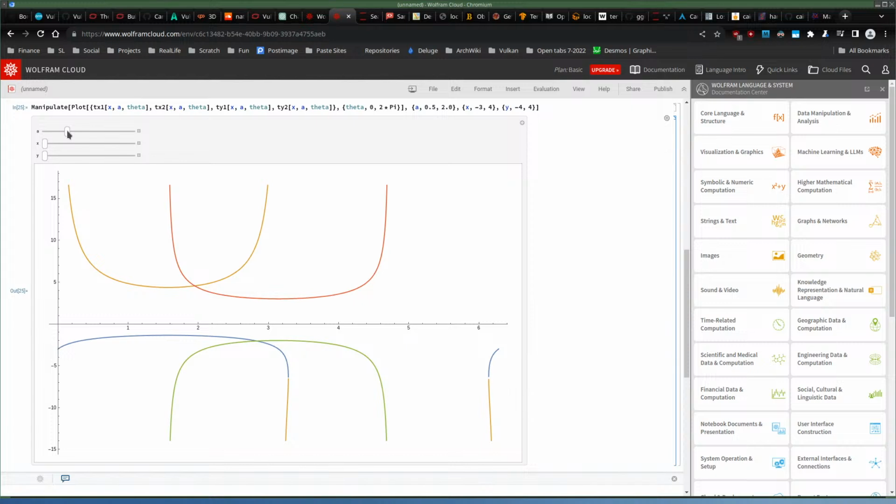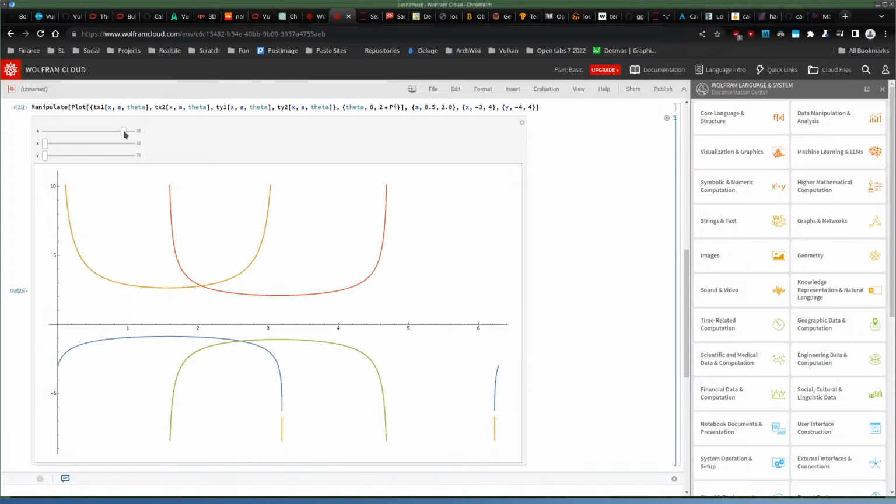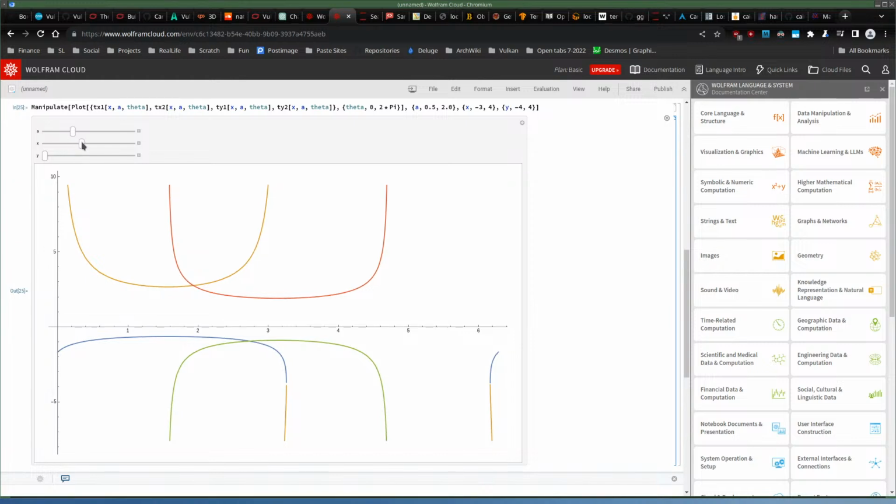Now let's change A a bit. It doesn't even make that much of a difference. A is not really much influence here. The other crossing here, by the way, is the other leg, the positive t. There's also only one solution for that. If we change X, then what happens?